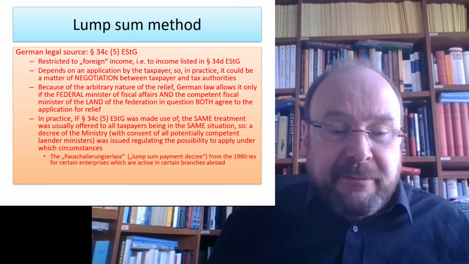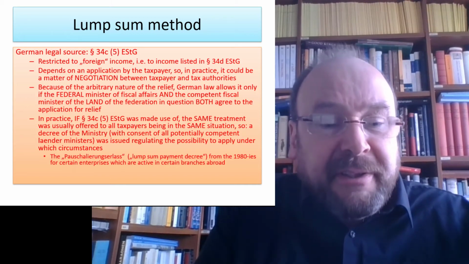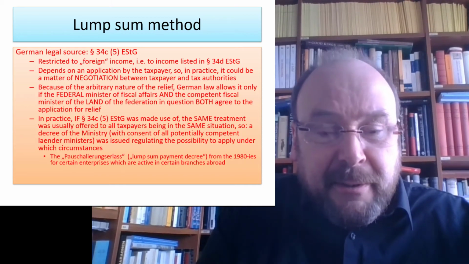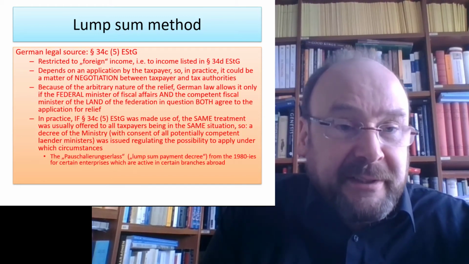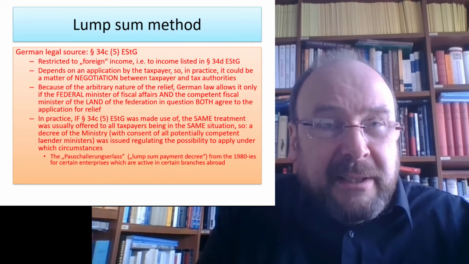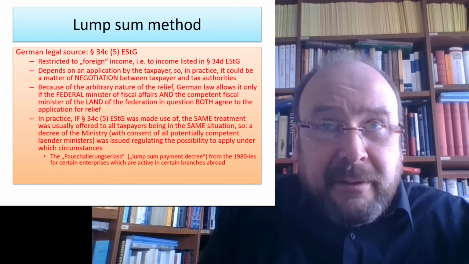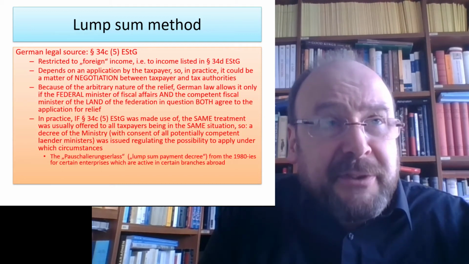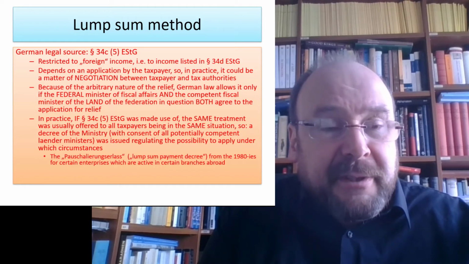There is therefore still relevant the so-called Pauschalierungserlass, which might be translated as the lump sum payment decree from the 1980s. It allows a lump sum treatment for very few and special kinds of foreign enterprise income from certain branches, and only for certain countries.